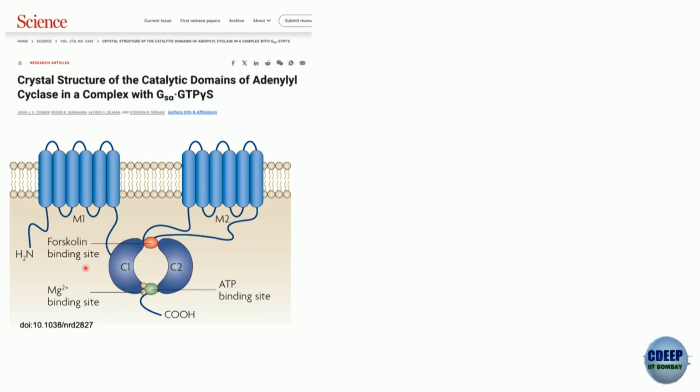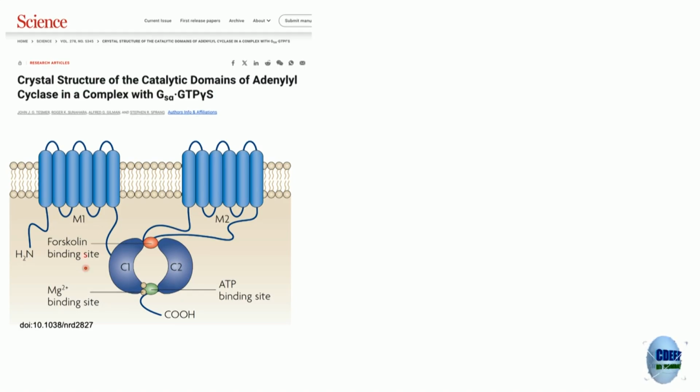Forskolin is a chemical that goes and activates adenylyl cyclase. So whenever you want to increase cyclic AMP levels in the cells, you add forskolin. Forskolin binds to these C1 and C2 domains, and it activates the adenylyl cyclase.